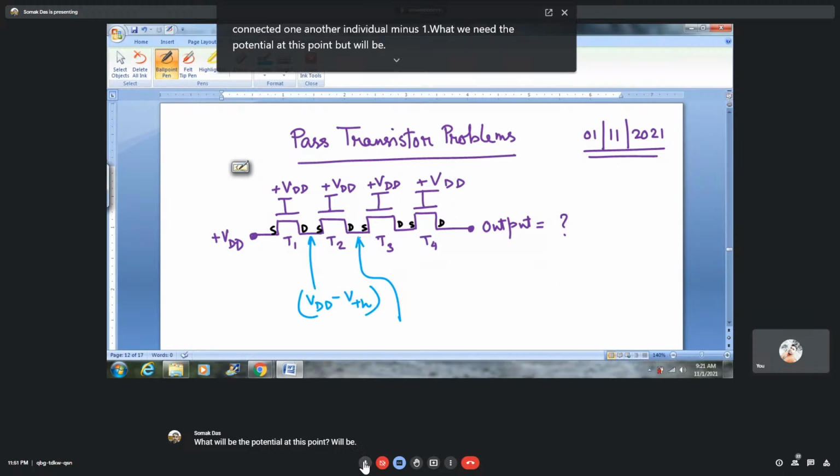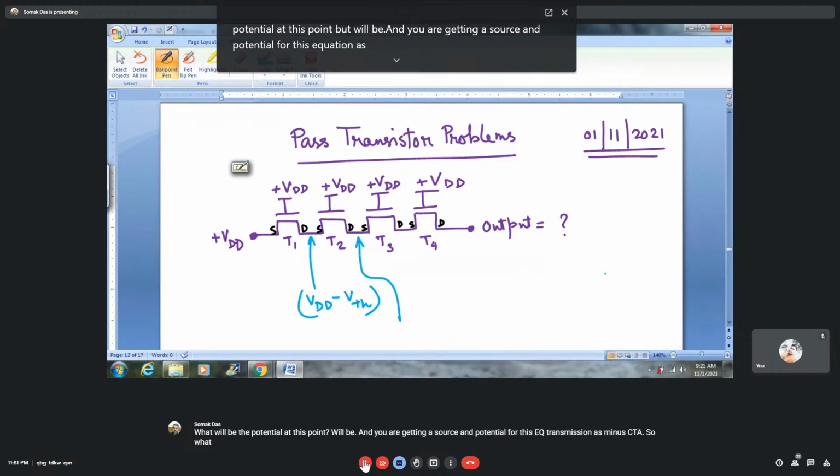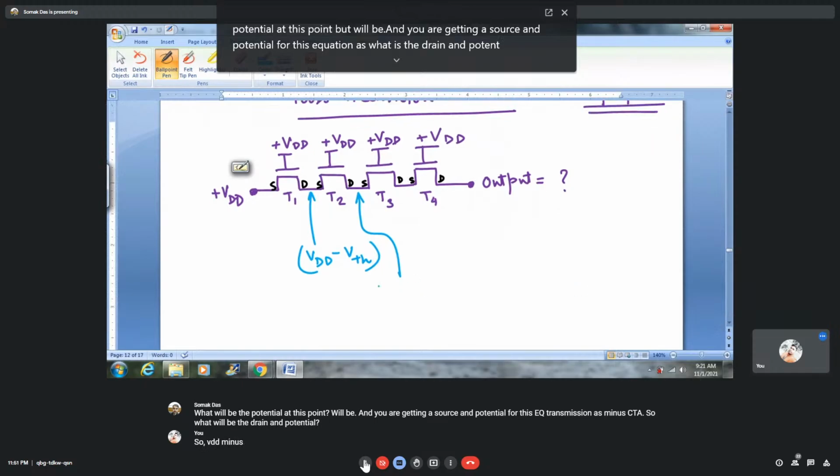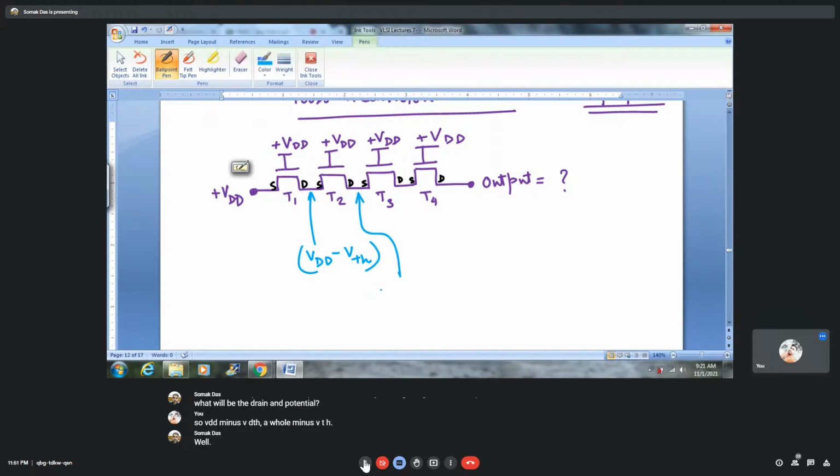Tell me. You are getting a source potential for this T2 transistor as VDD minus VTH. So, what will be the drain end potential? Why? Why?